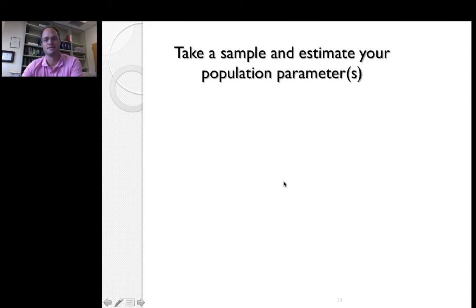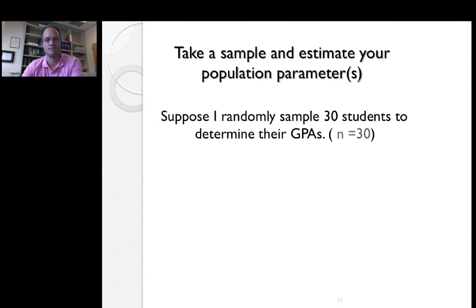I'm going to take a sample and estimate population parameters. So suppose I randomly sampled 30 students. And the question of why at least 30: when you don't have information about the shape of the population data, then 30 is sufficient to appeal to the central limit theorem.